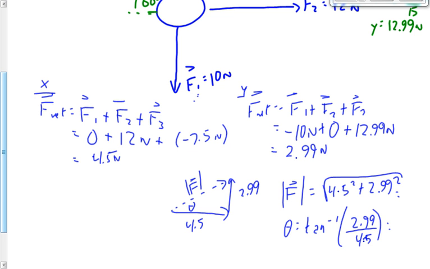Somewhere around 5 or 6, 5.4. And what's the angle going to be? I'm going to say 30. What is it? 34. How many people got that? Okay.